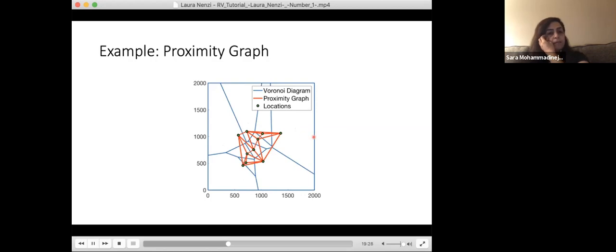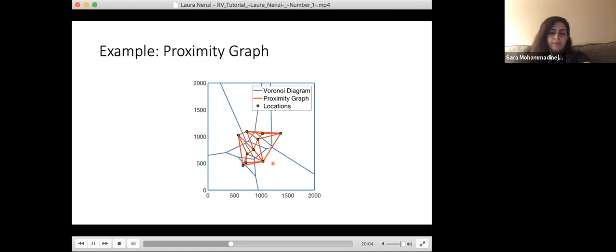Another example is the proximity graph. And this is the dual graph of the Voronoi diagram. The Voronoi diagram is a partition of the plane into a number of regions, and you have one region per location. In particular, each point of the plane is assigned to the region corresponding to the closest location.